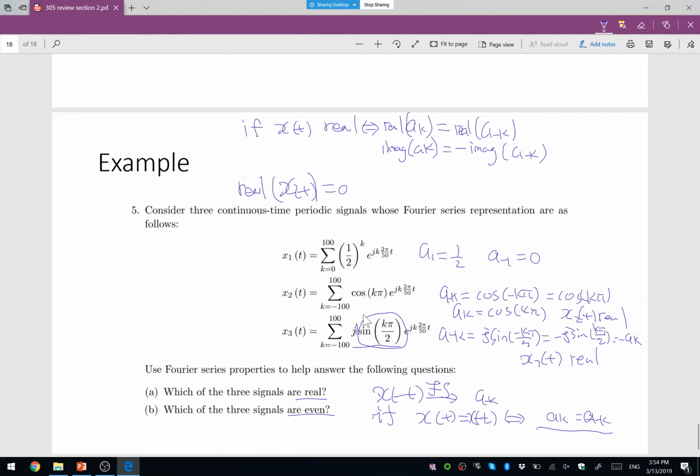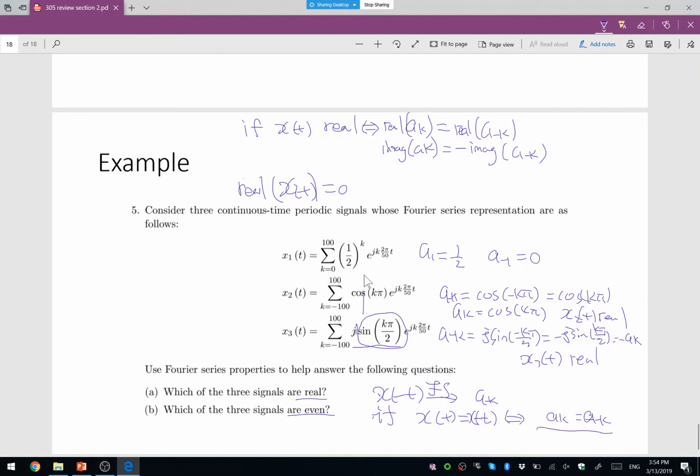I'll try to explain this another way. If it's 0 all the time, then that can be even or odd. If it's 0, then that's even and odd at the same time. But if a_k is 0, then x3 is 0. So there's no x there.